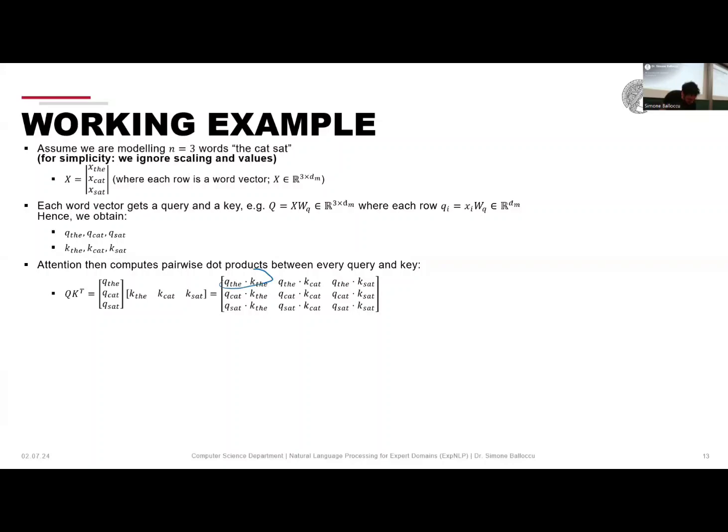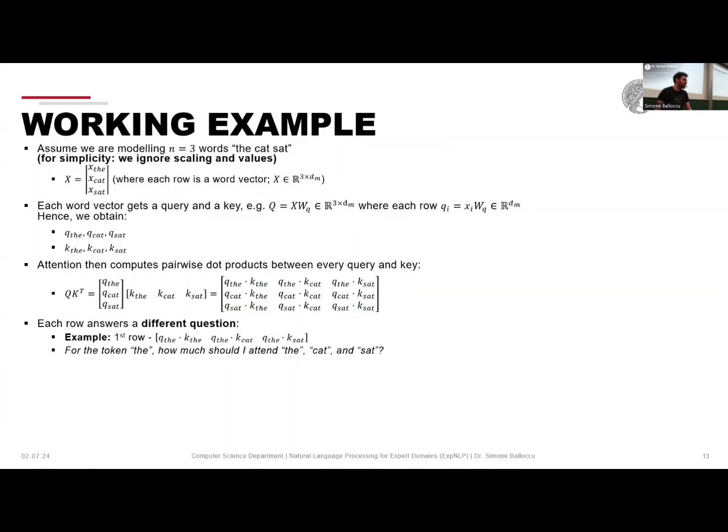So the diagonal is going to give you every token as a function of itself, and the others with all the possible combinations. Now, each row answers a different question. For example, if I take the first row, we have "the", "cat" and "sat". Basically it says, for the token "the", how much should I attend to "the", "cat", and "sat"?